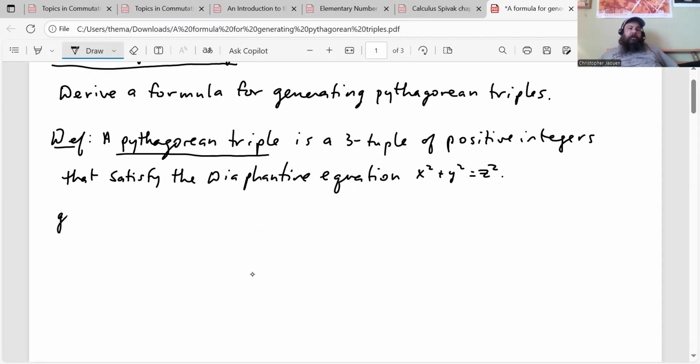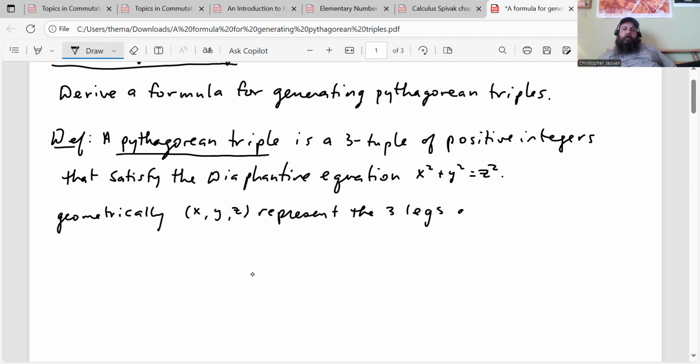So geometrically, x, y, z represent the three sides of a right triangle, where z is the hypotenuse.